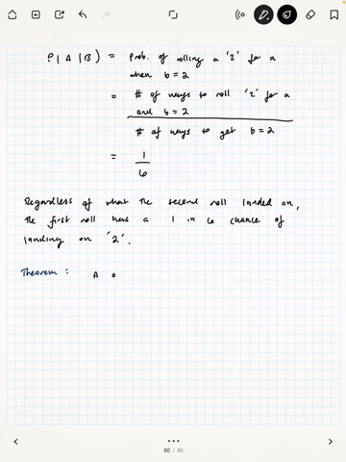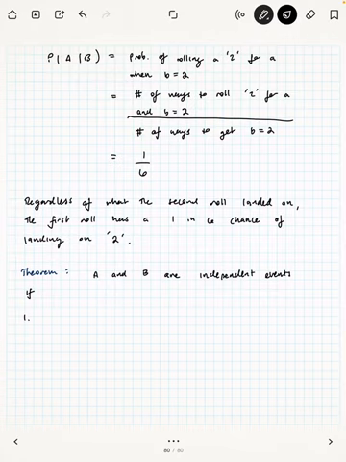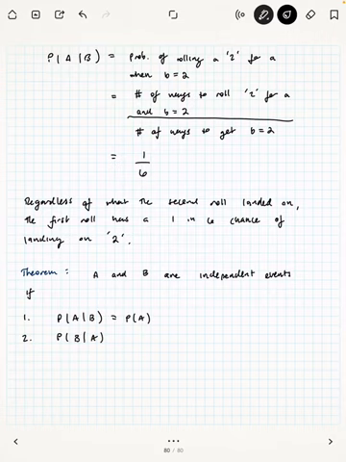So A and B are what we call independent events if the following two statements are true. 1, the probability of A given B is equal to the probability of A, and 2, the probability of B given A is equal to the probability of B.